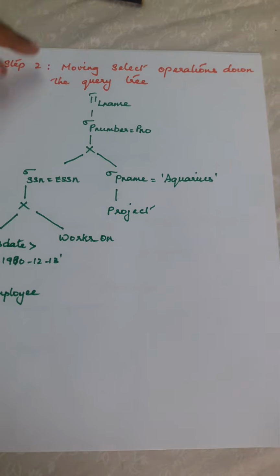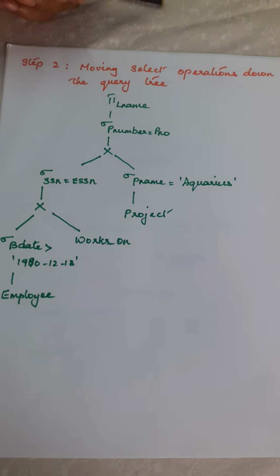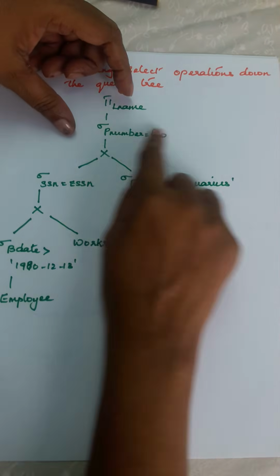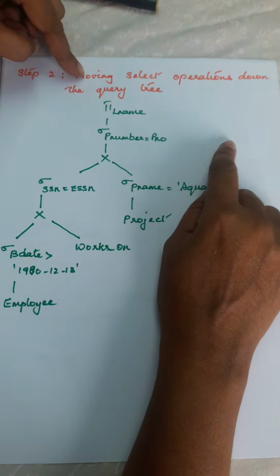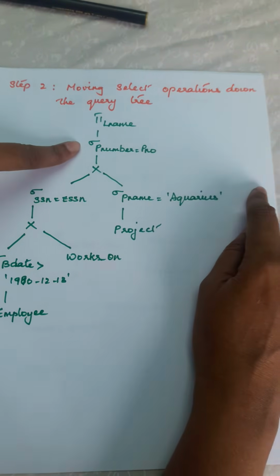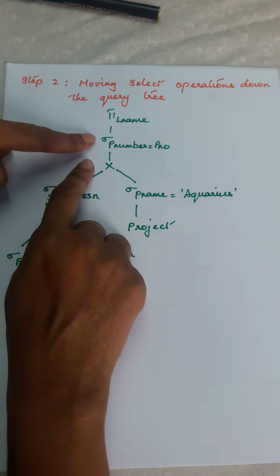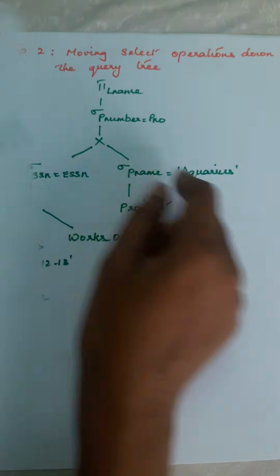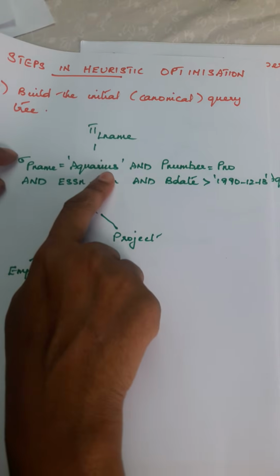Now we will go to the second step. Actually, the second step is moving select operations down the query tree. In the first step we had the full condition together as a single node. So in this second step we will be splitting the sigma condition based on each relation. Here, as you have seen, in the previous one we had sigma P name is equal to Aquarius.